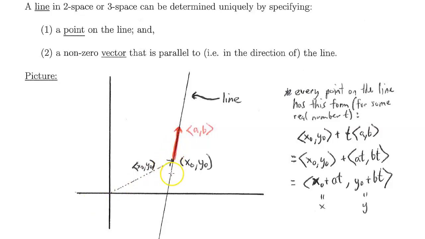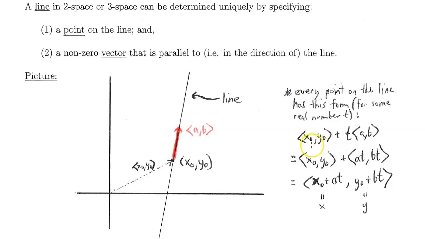And if you take negative values, something like -1 times AB, it would give us points out here in the other direction. So notice every point on the line has this form, x naught, y naught, plus some constant times AB. Some constant, I just called it t. Now t doesn't have to be a whole number like 0, 1, 2, 3. It could be a fraction or a decimal. It could be negative.